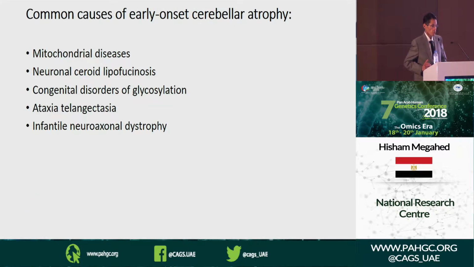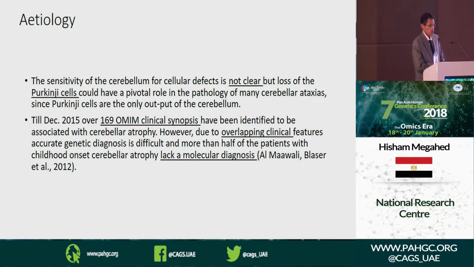Other common causes of cerebellar atrophy in children are mitochondrial disorders, NCL, disorders of glycosylation, ataxia telangiectasia, and infantile neuroaxonal dystrophy. The etiology of the cerebellar atrophy is not known specifically, but we believe that Purkinje fibers play an important role because they're the only output of the cerebellum.